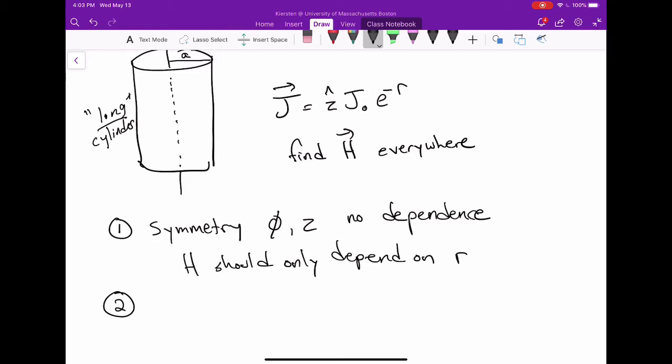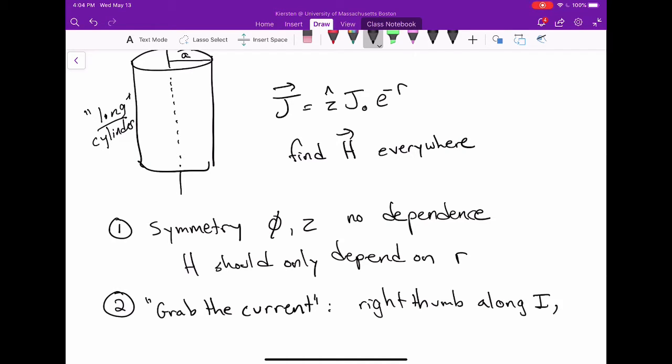What is the direction of it? Use the grab-the-current technique. If your right thumb is along the current, then your fingers are pointed along the direction that the magnetic field should point.